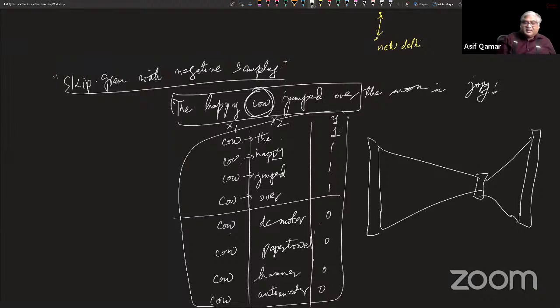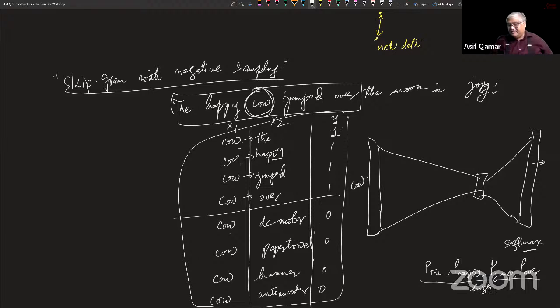So what you do is you feed in only the word cow, and then you let the results come out. You'll get these probabilities, right? Softmax. And what you want to do is make sure that the probability of happy, the probability of jumped, the probability of over, these are high.